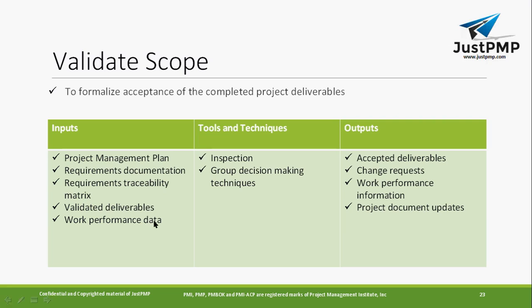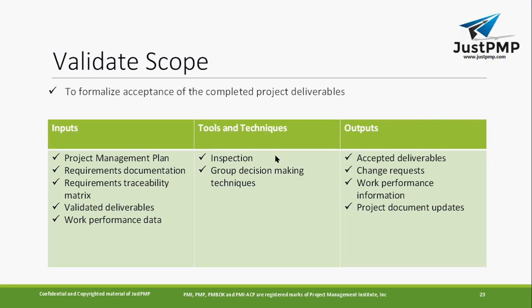You will have the project management plan, requirements documentation, requirements traceability matrix, verified deliverables, and work performance data. These are the things you have to validate with. What you are going to do is basically inspection: you inspect whatever they have delivered.